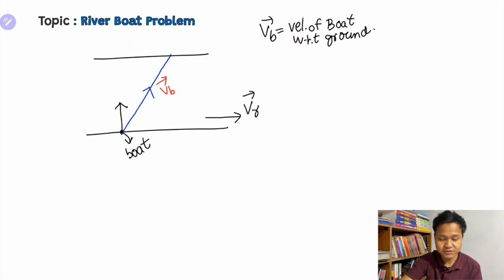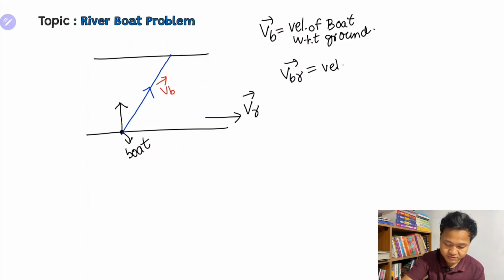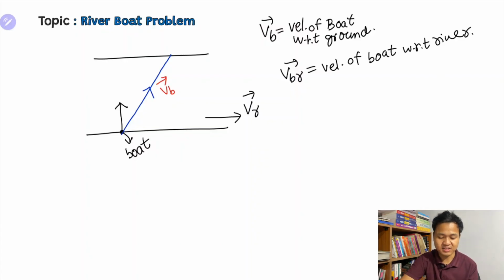Then what is the velocity of boat with respect to the river? Next you have another term, velocity of boat with respect to the river. The frame of reference is the river.